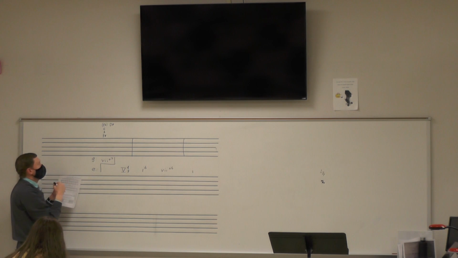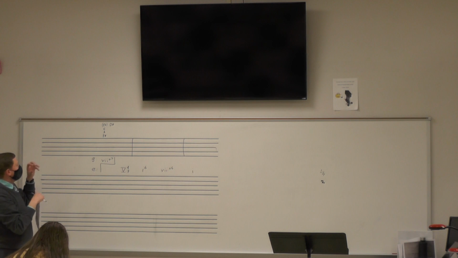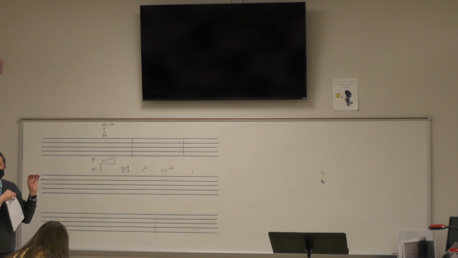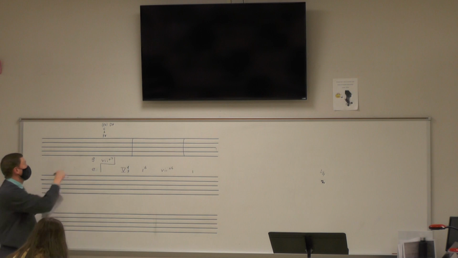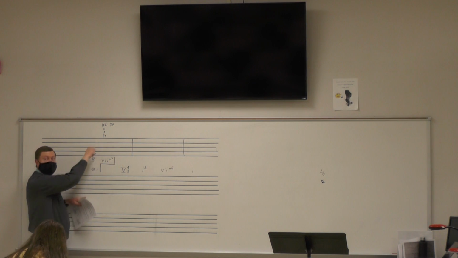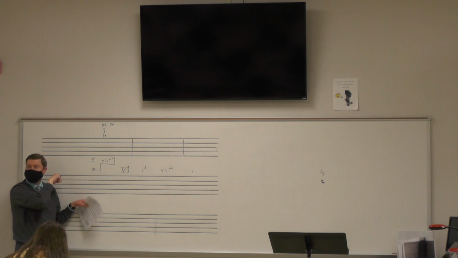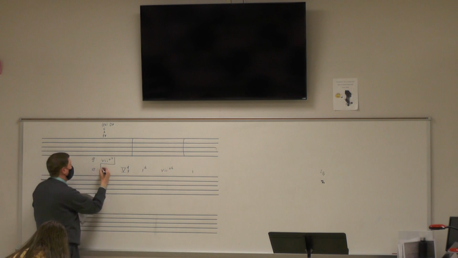So what inversion is that when it's spelled in terms of D sharp, F sharp, A, C? 6/5 is first inversion, right? Because D sharp, F sharp is on the bottom, it's the third of the D sharp, F sharp, A, C chord. So first inversion.